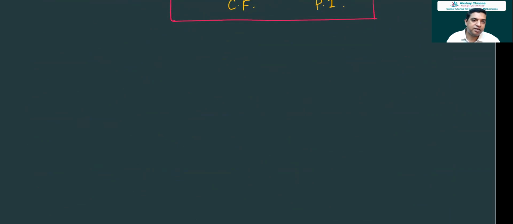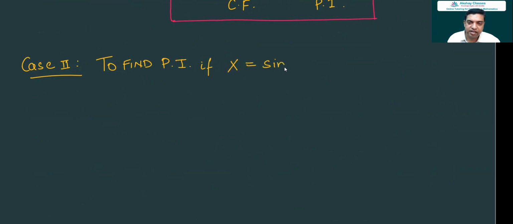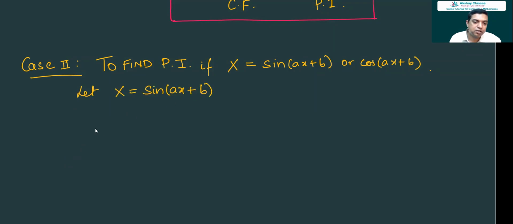How to find the particular integral. Now case 2. To find the PI, if x is either sin(ax + b) or cos(ax + b). So first let's do it for sin(ax + b).